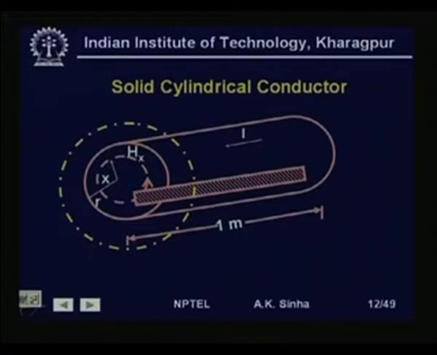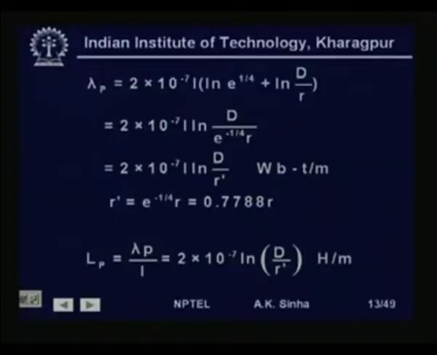And therefore, we can find out the total inductance by finding out the flux linkages which are internal and the flux linkages which are external. At any point p at a distance d from the center of the conductor, the total flux linkage will be given by 2 into 10 to the power minus 7 into I multiplied by (ln e to the power 1 by 4 plus ln d by r).